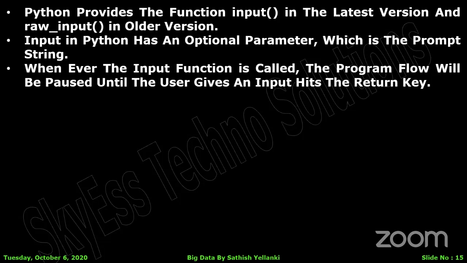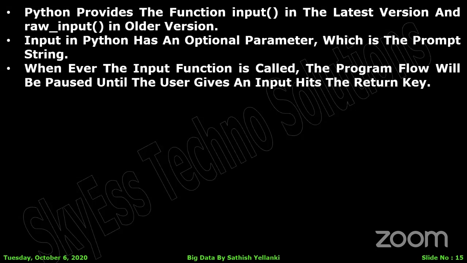Whenever your input function is called, the program flow will be paused, which means it will wait on the console until the user gives the input, and then you have to hit the enter key. Until you hit the enter key, it will not consider that your input is accepted.